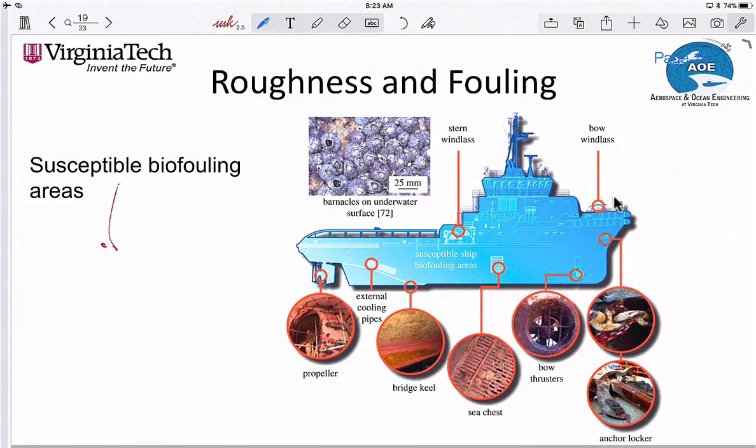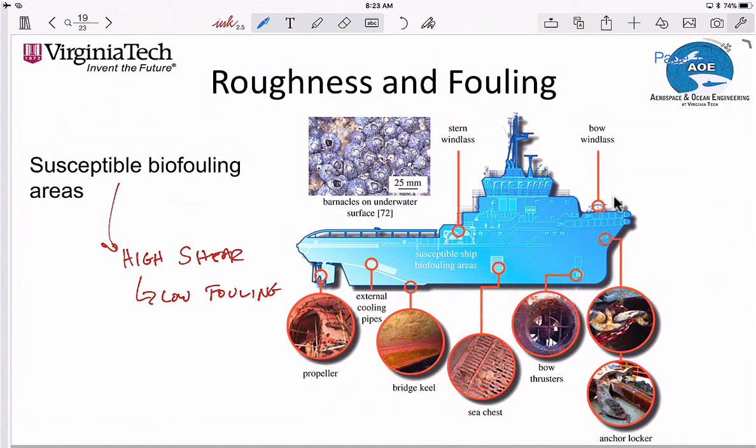There are specific areas of the ship that are often susceptible to biofouling. If you have locally high shear, like in the middle of the hull, you have good shear because you have good flow over it. You'll have low fouling.